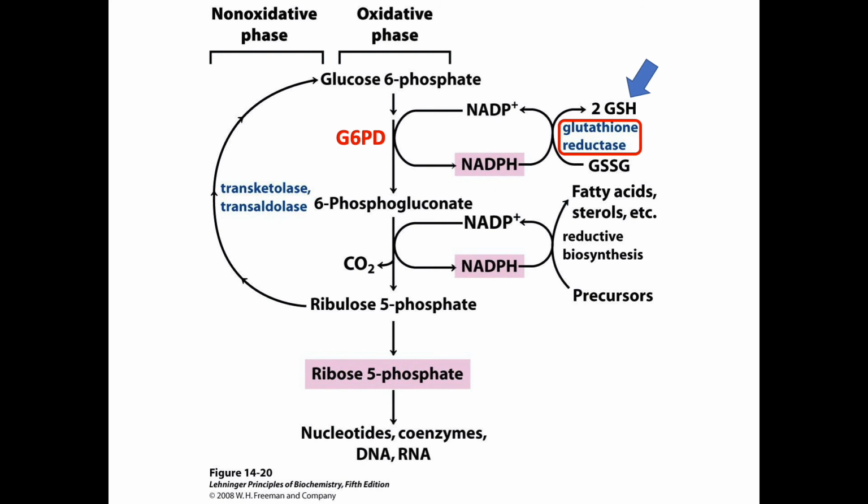Reduced glutathione is found in high concentrations in cellular systems and plays a major role in detoxification of various free radicals and thus protects red blood cells from high oxidative stress that results in hemolysis. That is why patients with glucose 6-phosphate dehydrogenase deficiency, when they encounter strong oxidizing agents like certain antibiotics, for example, are unable to produce enough reduced glutathione, and very often this results in hemolytic anemia.